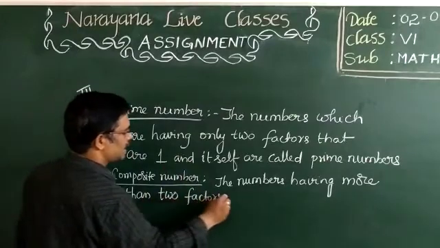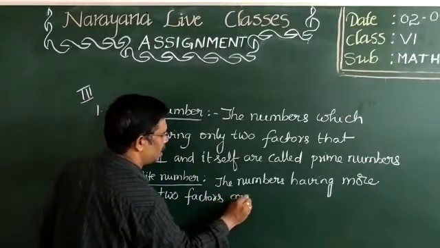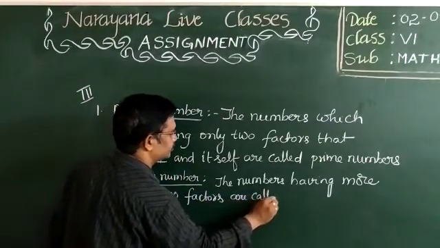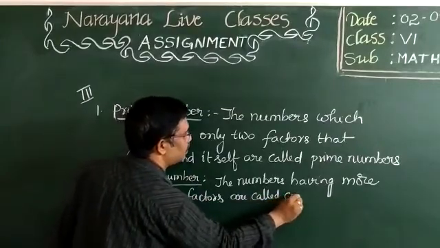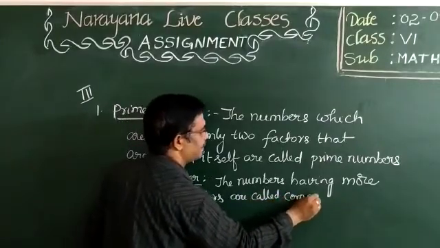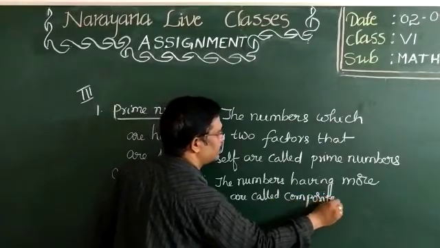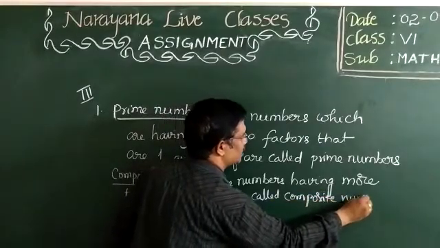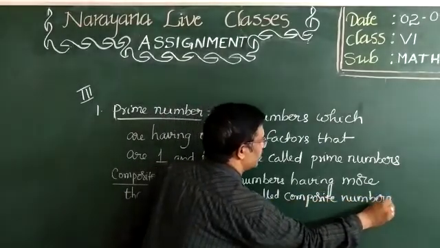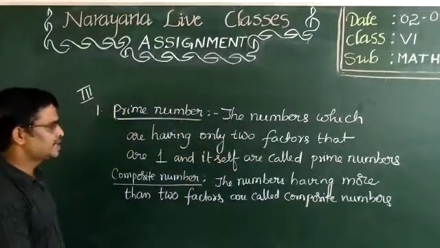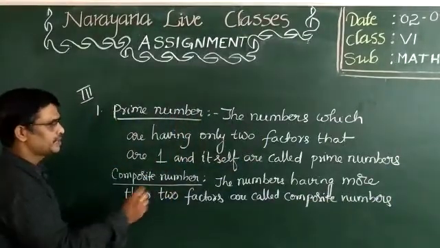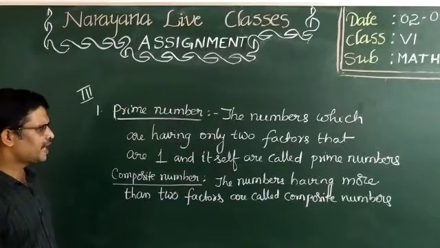So more than two factors are called composite numbers. So if the number is having more than two factors, then we are calling it as composite number. And one more question they are asking.